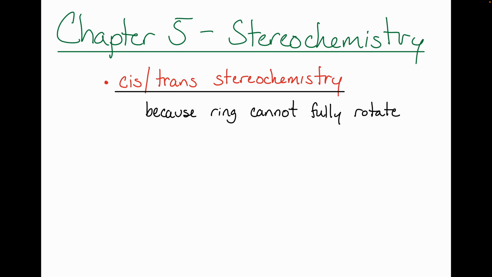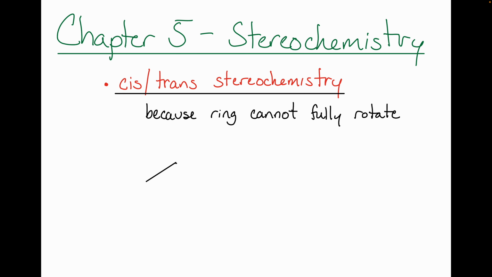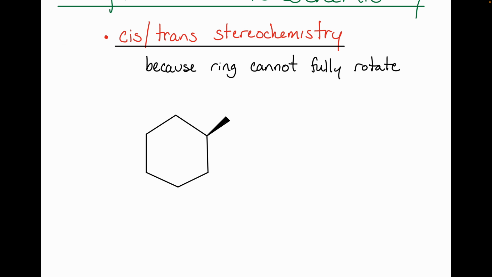So if we have, for example, a cyclohexane ring, and we put on there two methyl groups that are pointed in the same direction, then they're going to be locked on that same side of the ring, because that ring can't fully rotate. Those carbons can't fully rotate.